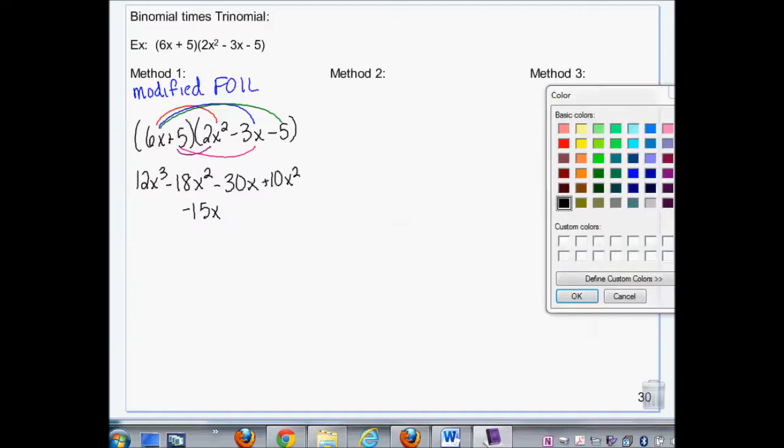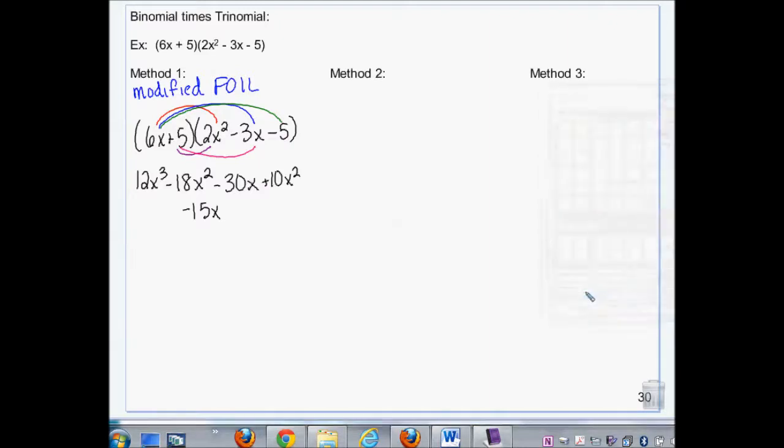And then 5 times negative 5, so we have negative 25. Okay, then I need to combine my like terms. 18x squared and 10x squared are like.